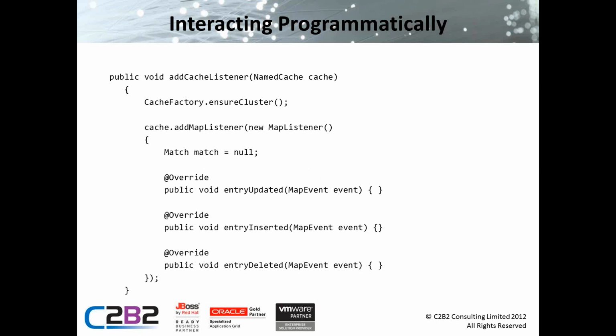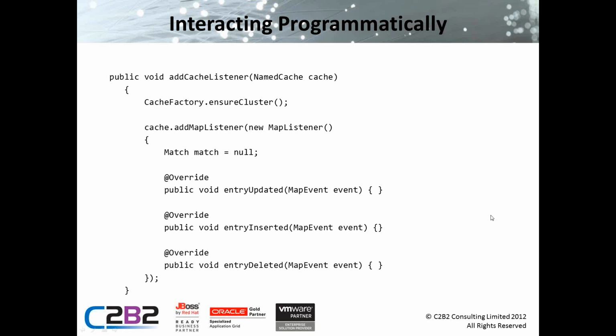One other important feature is the cache listener, which is a great feature of Coherence, whereby you can add a map listener to your cache, and there are these three events that you can override: entry updated, inserted, and deleted.